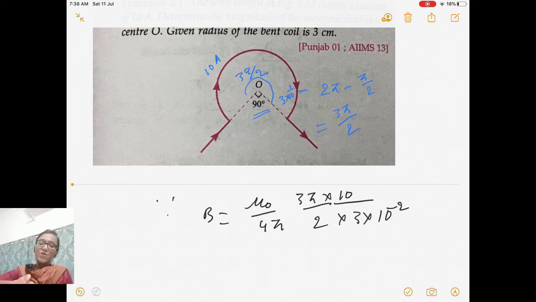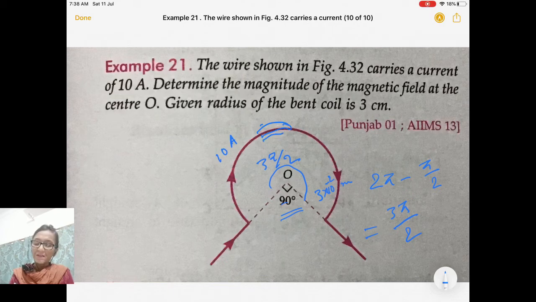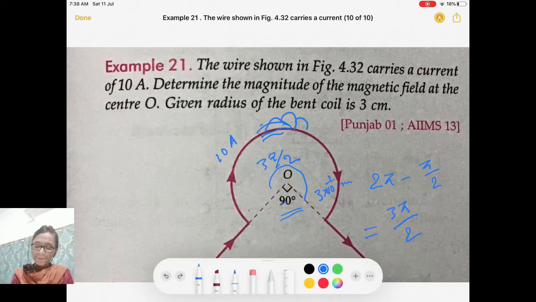This is magnetic field, and when you place your right hand as per right hand thumb rule, then curl of your finger will be along this direction, and thumb is pointing inside.